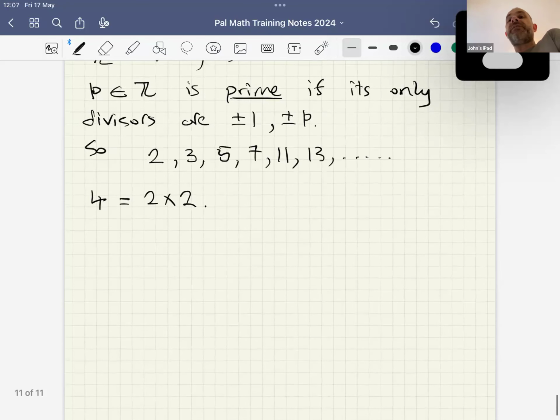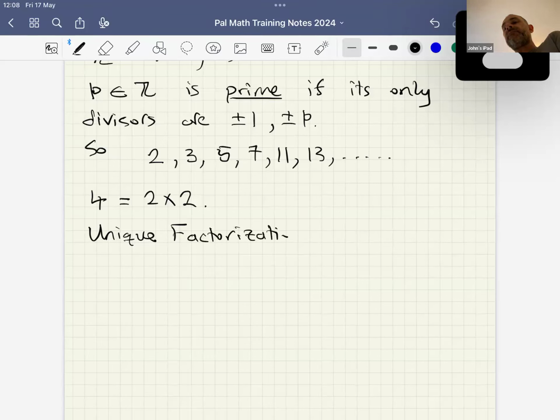Okay, so what is unique factorization? Well, you probably already know this, and I'll give a simple version. The simple version applies to natural numbers, but you can extend this to any integer.